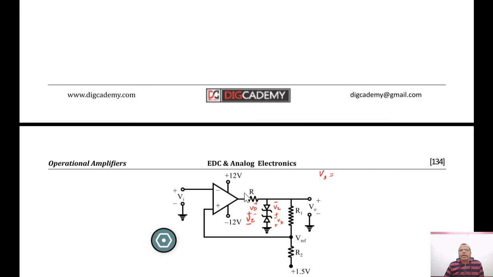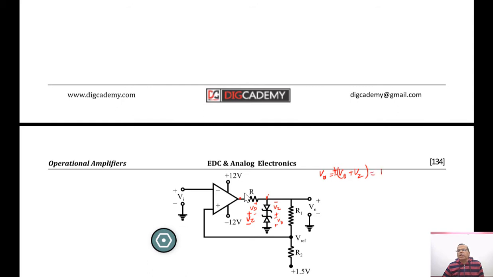So in any case, these two diodes are limiting my output voltage to Vd plus Vz, but it may be positive or negative depending upon the value at the output of the op amp, right?